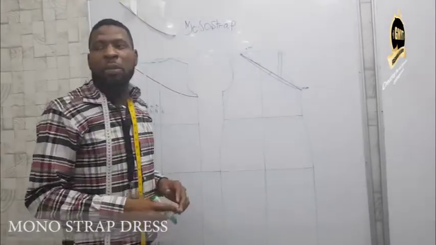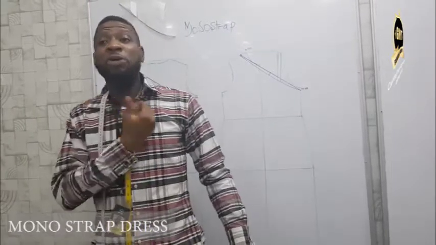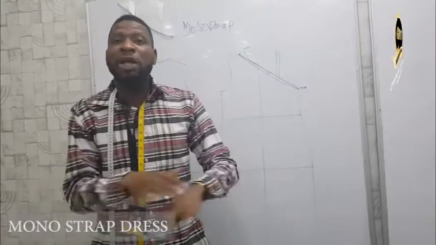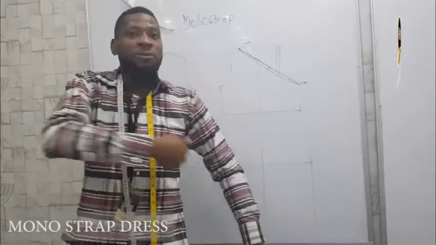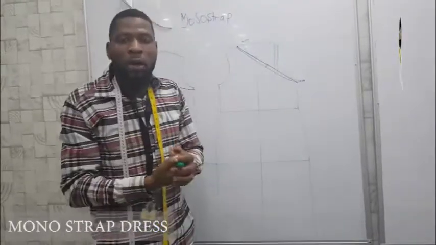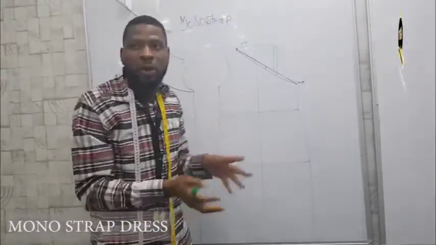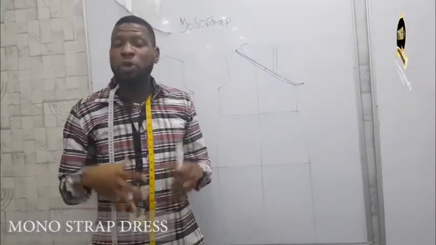Do you get it? But every pure monostrap dress always has this part of the neckline not available there. So it's always having this kind of slanted neckline, front and back. So you can decide to put ruffles, can decide to put ruching, can decide to put anything around the neckline to give it a bit of good look.